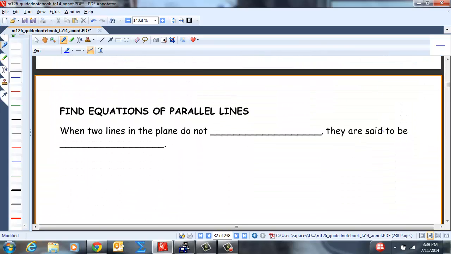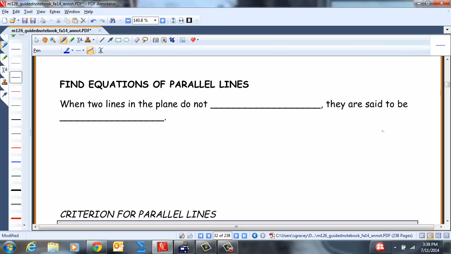So now, find equations of parallel lines. When two lines in the plane do not intersect, they're said to be parallel.